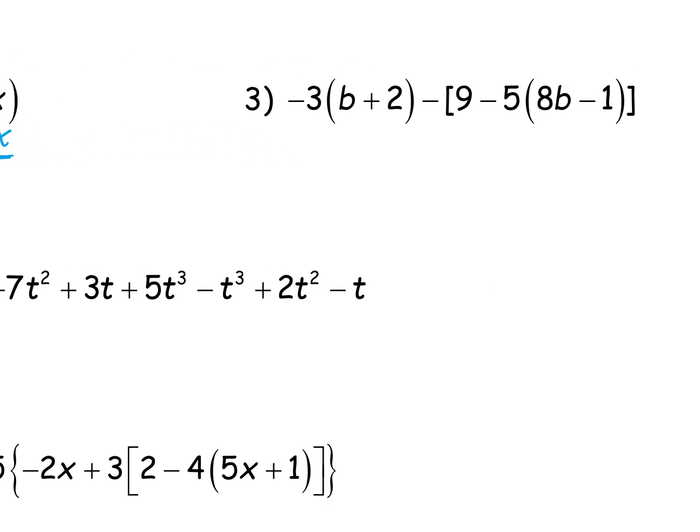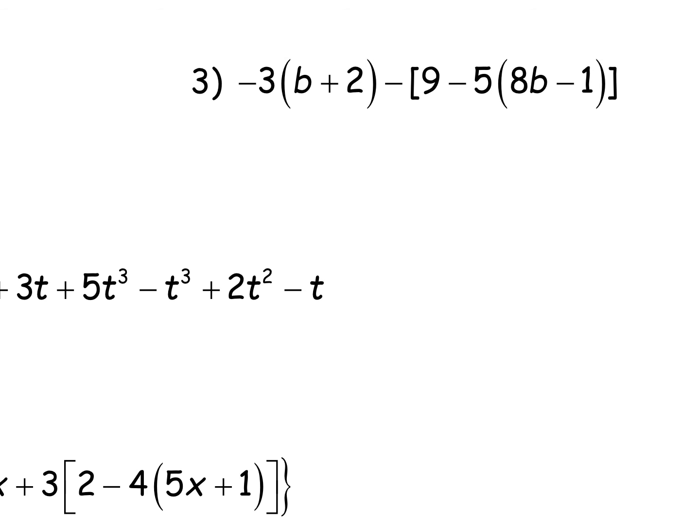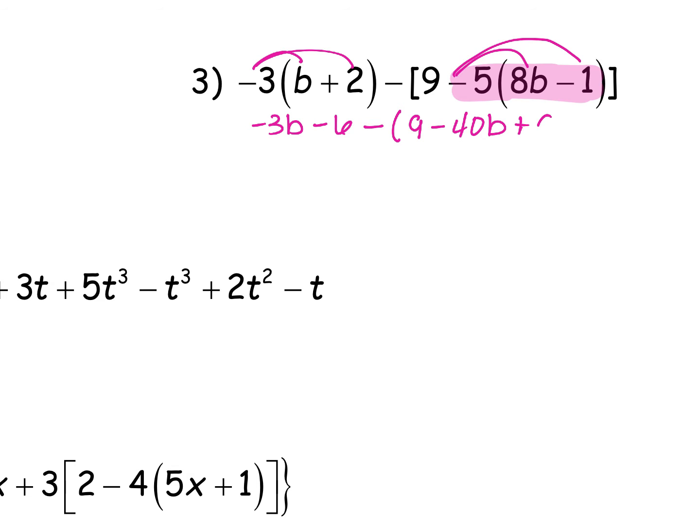Okay, so what about number 3? What am I going to do first in number 3? Oh, I know. There are 2 sets of parentheses, a parenthesis and a bracket. I'm going to start on the very inside. So that means I'm going to start with negative 5. Good. I'm going to distribute that negative 5 through, and I'm also going to do the negative 3 so it takes care of the outside. So I've got negative 3b minus 6 minus 9, and then that's minus 40b plus 5.